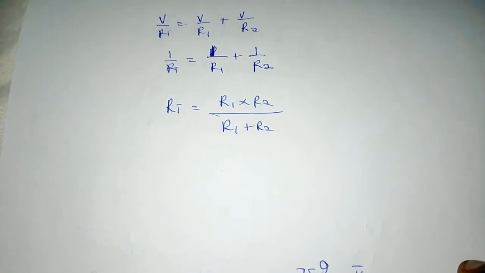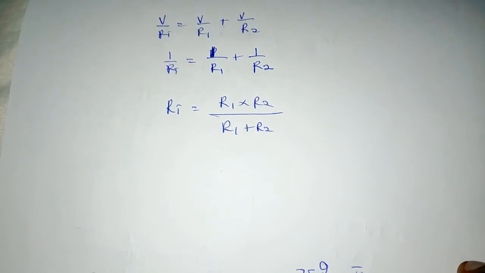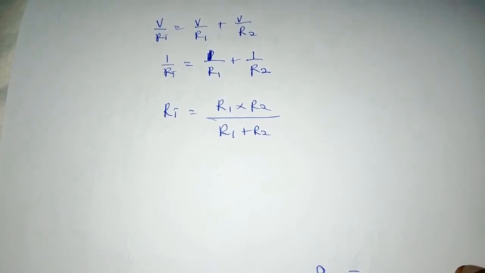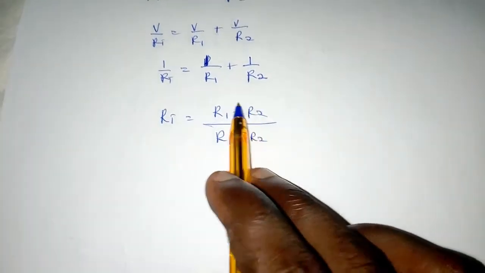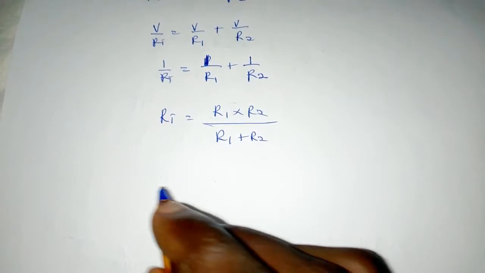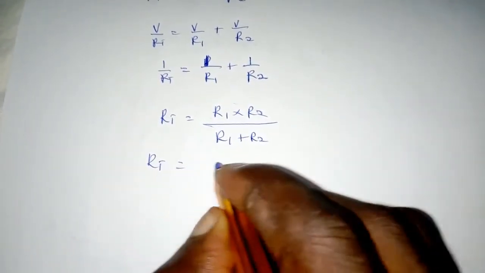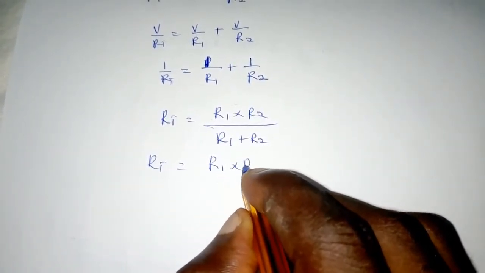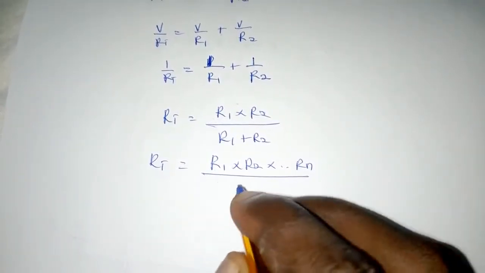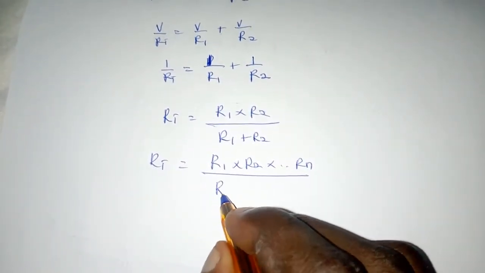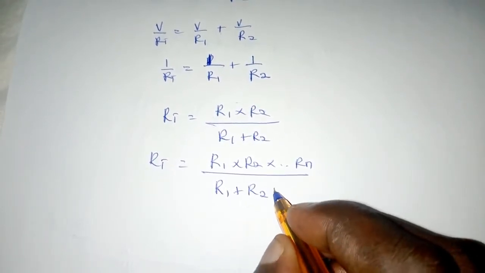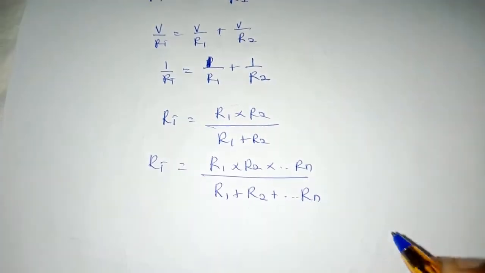When we have two resistors in parallel, their total resistance is given by finding their product and dividing it by their sum. So generally, we have 1 over R equals 1 over R1 plus 1 over R2 plus and so on up to 1 over Rn.